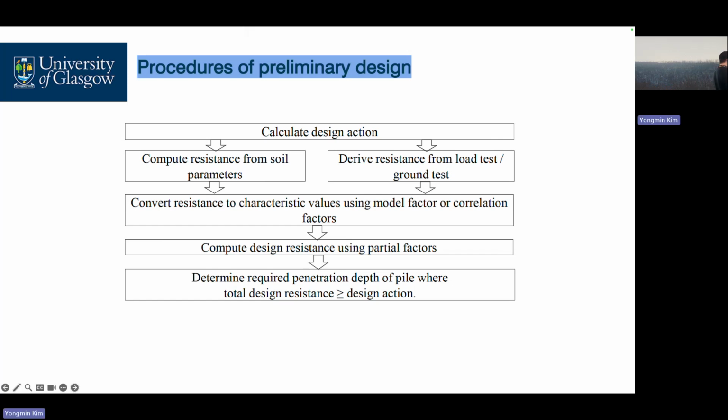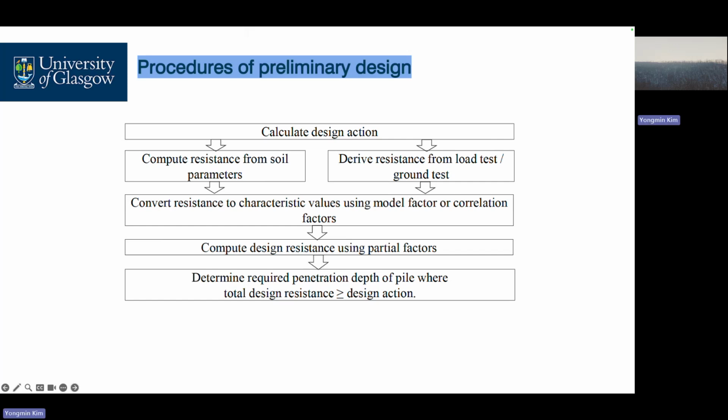So what is the procedure of the preliminary design according to Eurocode 7? First, calculate design actions. How many stories? 1 story, 2 tons. 10 stories, 20 tons. Which is self weights plus our live loads. Wind.